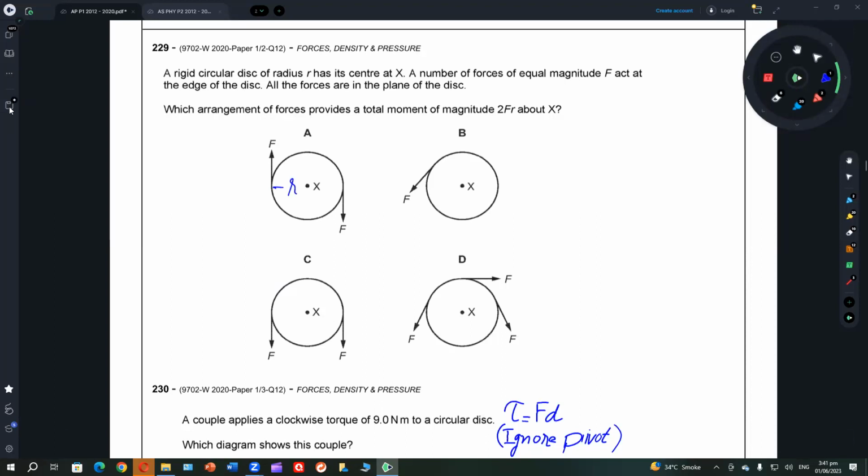So it looks to be a case of torque. I show the R here. So the first one would be F into 2R, the total moment.